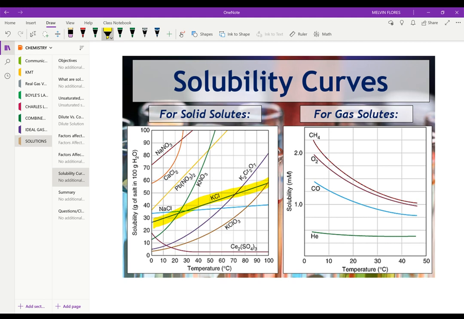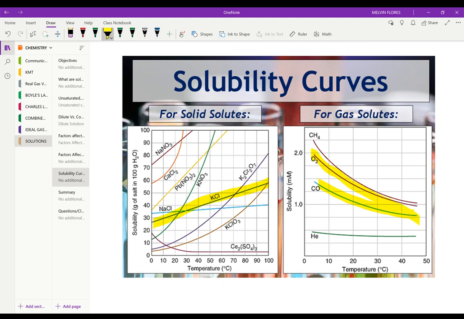Which is the opposite of gases. If the solute is a gas, for example carbon dioxide, nitrogen, oxygen, they actually dissolve faster at lower temperature. As you can see, once you dissolve helium or oxygen at lower temperature, at 10 degrees, the curve starts to go lower. So the solubility of gas is actually higher at lower temperature.